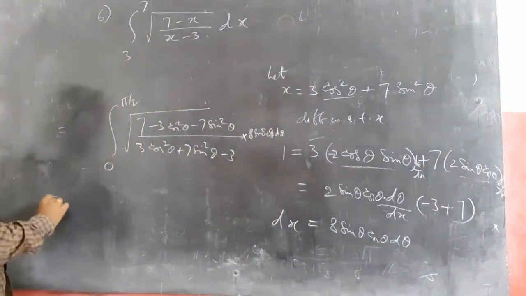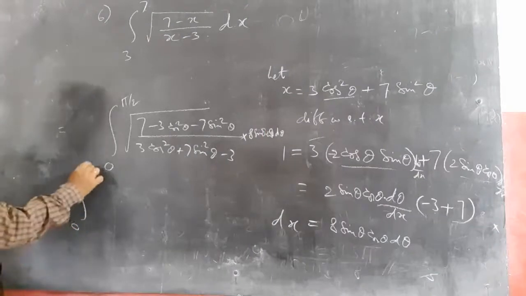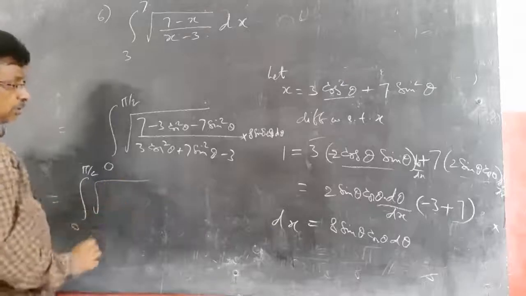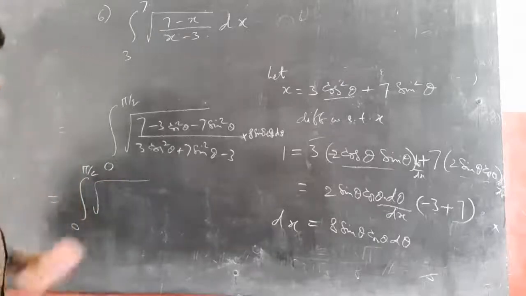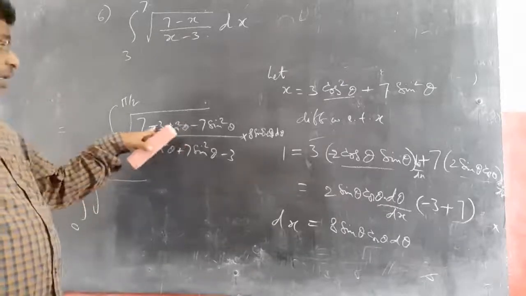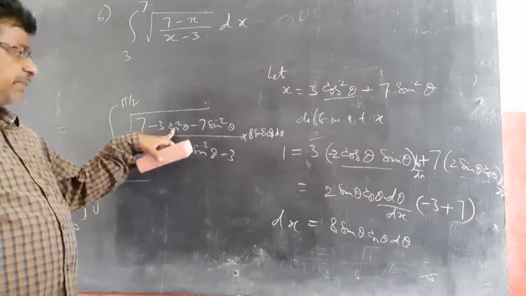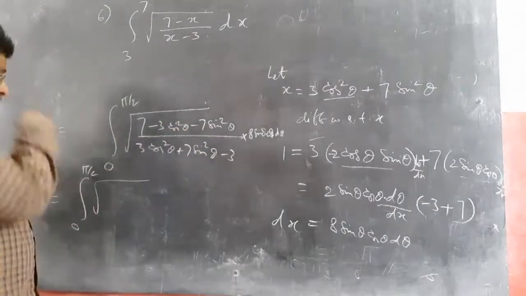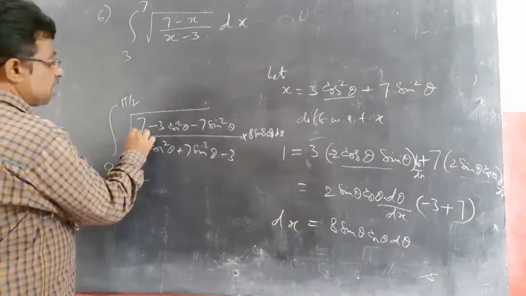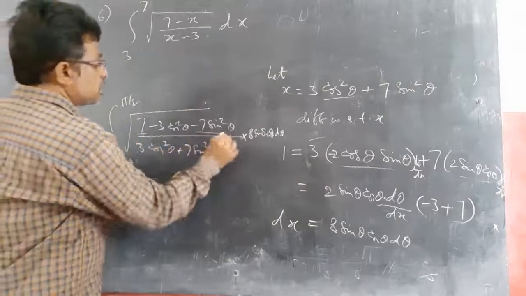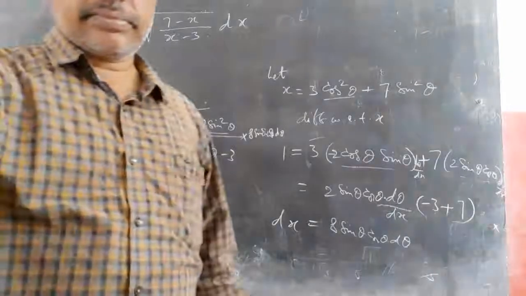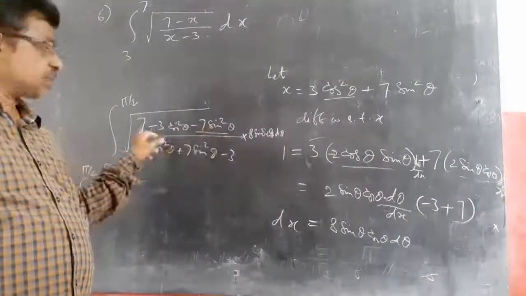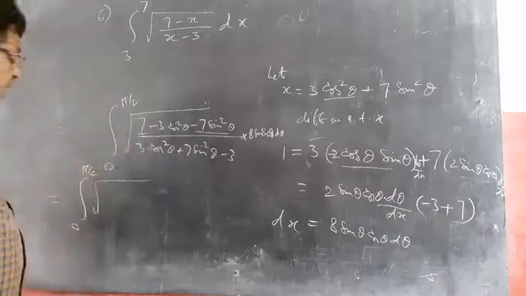Now the equation becomes 0 to pi by 2 root of, this is sin square, you can write 1 minus cos square, and cos square you can write 1 minus sin square. That doesn't matter, your choice of writing it. Simple way is sin in terms of cos. Now, if you take 7 common from these two, it becomes cos square, since 1 minus sin square is cos square.